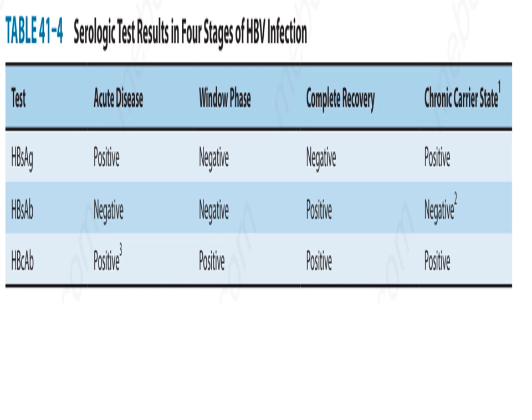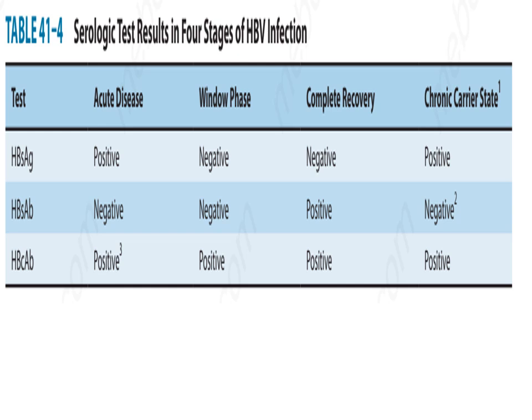In the acute disease, HBs antigen and HBc antibodies are positive, but the HBs antibody will be negative because it will take time to form against the HBs antigen. While in the window phase, both the HBs antigen as well as the HBs antibody will be absent. The only indicator of the disease is the HBc antibody.